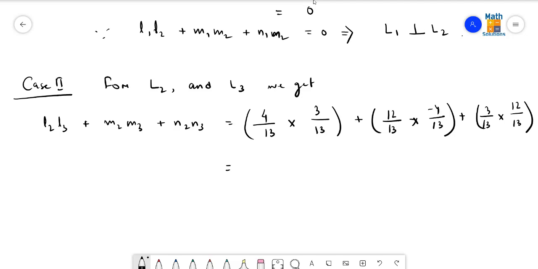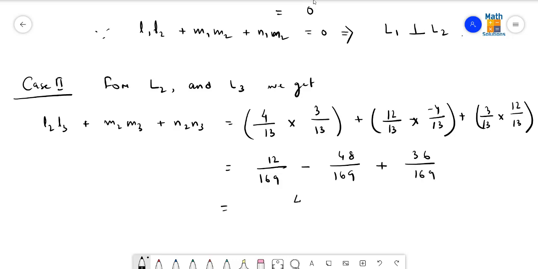So this is for the second case. We find here 12 by 169, it should be again minus, so we shall be getting minus 48 by 169 plus 36 by 169.